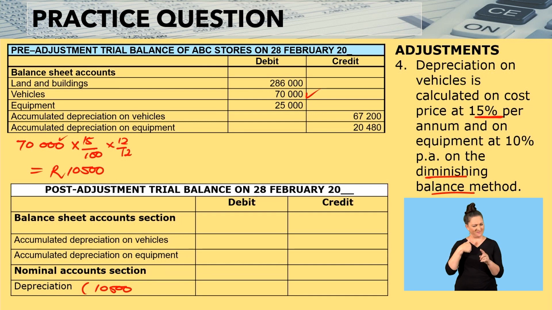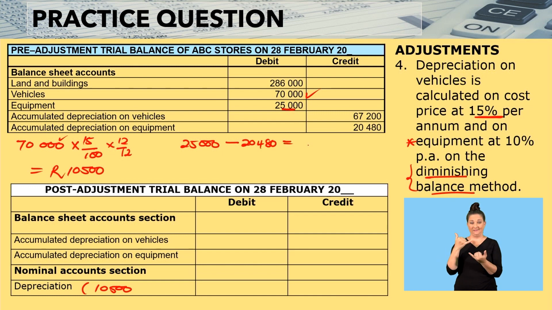But I know that I also have equipment. So I must calculate depreciation for equipment. And the cost price of my equipment is 25,000. But on equipment, I'm calculating depreciation using the diminishing balance method. That means I would say 25,000, which is the cost, minus accumulated depreciation, which is 20,480.